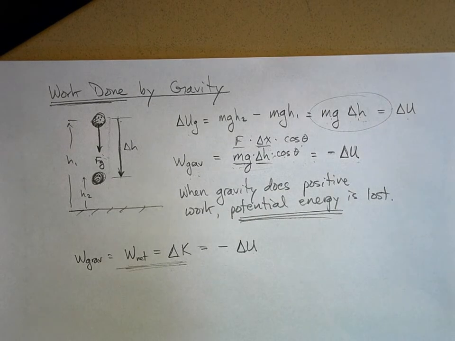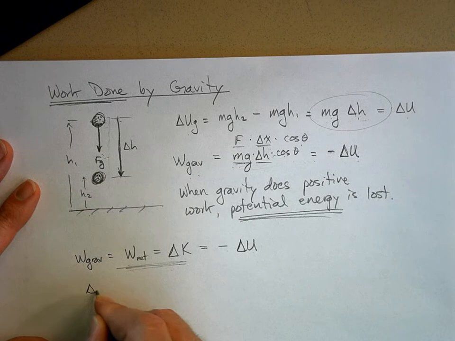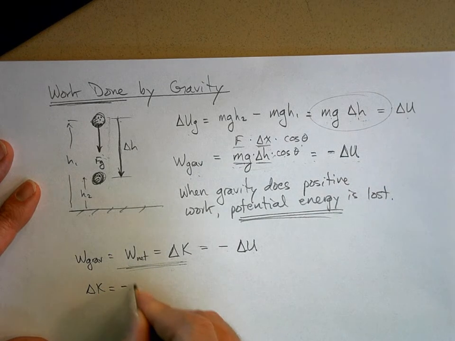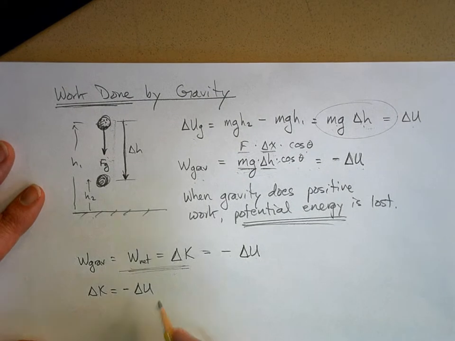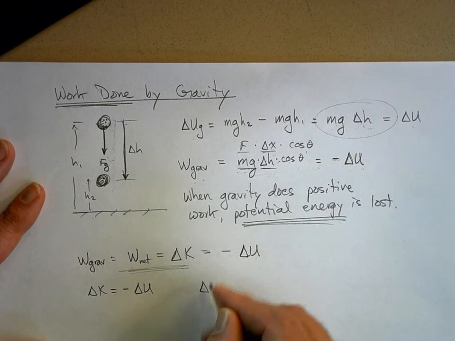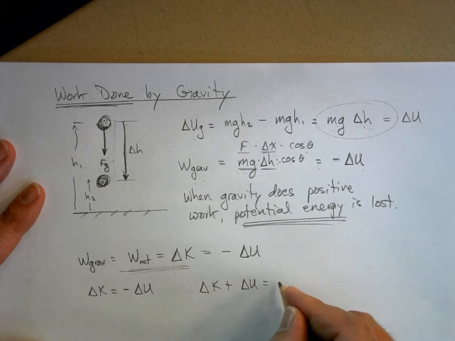Follow along. All right. So I have this very interesting expression. Delta K equals negative delta U. Well, what if I add delta U to both sides? Delta K plus delta U equals 0.